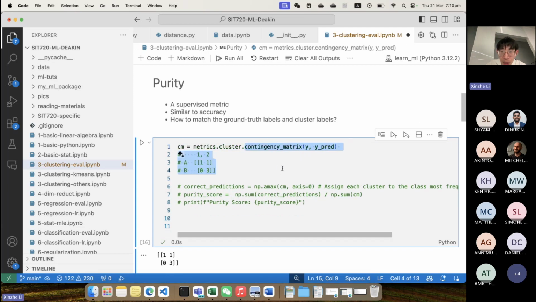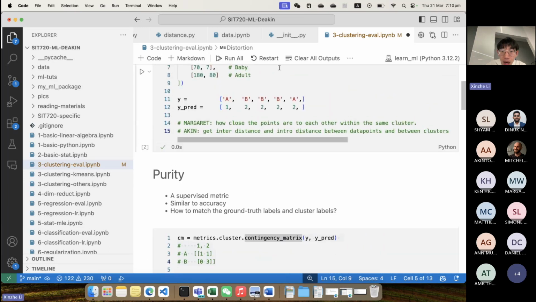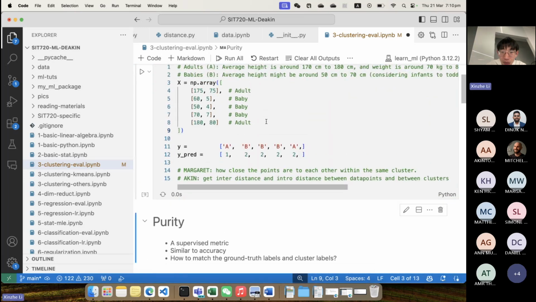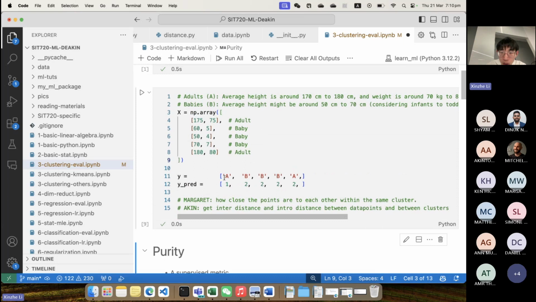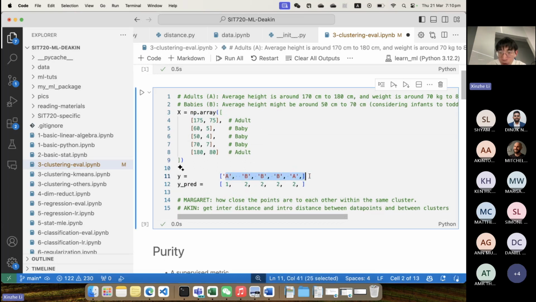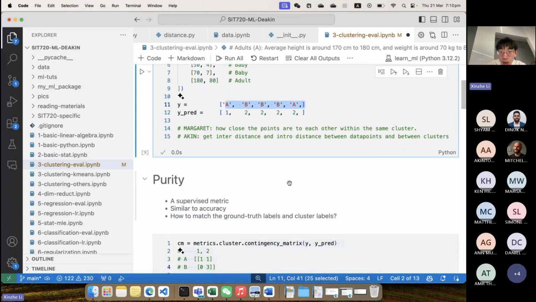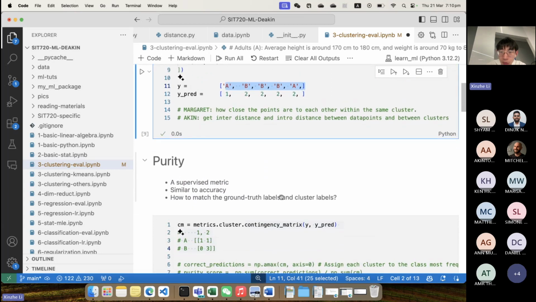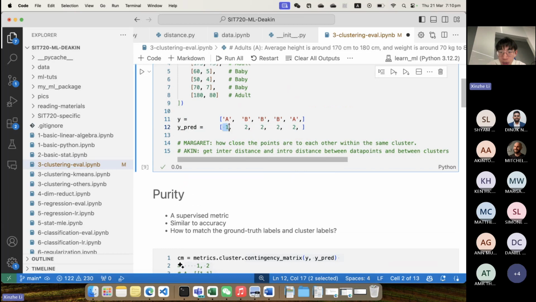What does the contingency matrix do? Let me just give you a small example. Now we don't have too many adults and babies. We just have 5 examples. So we have A, B, B, A, and so on. This is two clusters. We have cluster 1, in which we only put one example. Other examples are grouped into cluster 2.